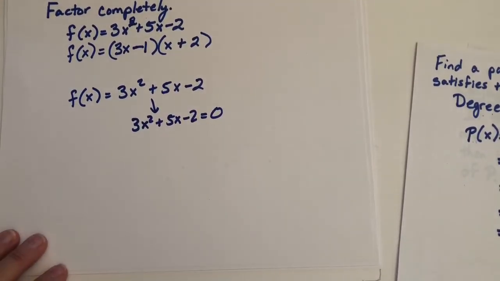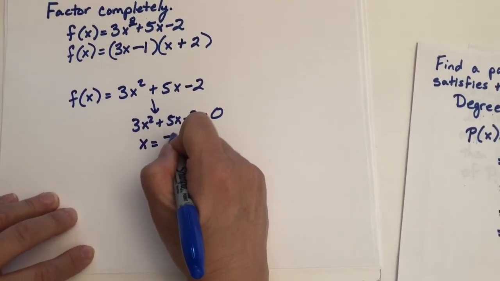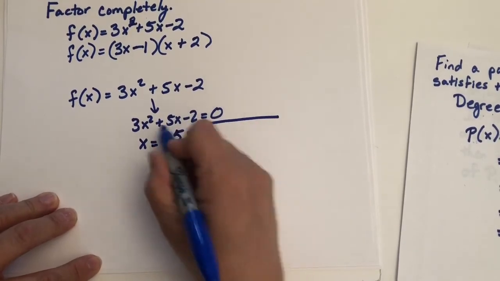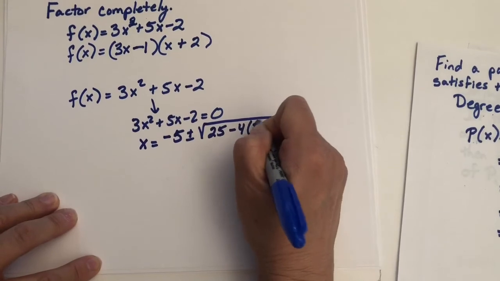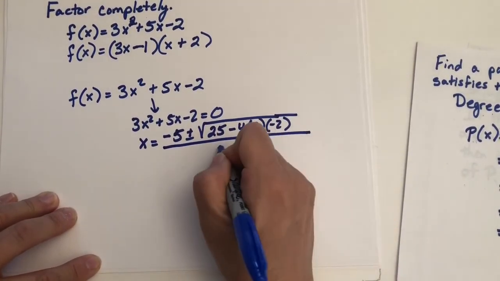And you just decided to use the quadratic formula. Let's do that. Opposite of b plus or minus the square root of b squared minus 4 times a times c, all over 2a.